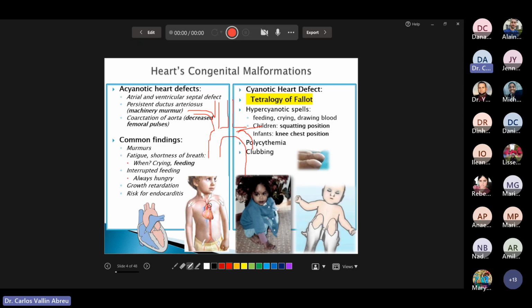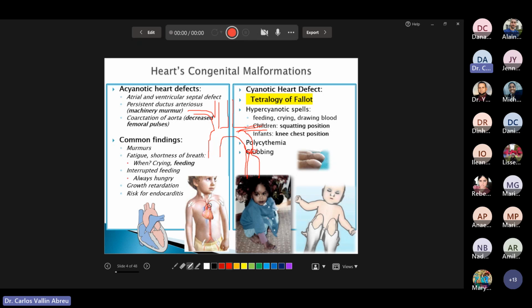But sometimes there is a malformation in which the aorta is extremely narrow in this portion, after the carotid arteries for the brain and the subclavian arteries for the arms have already originated, okay?